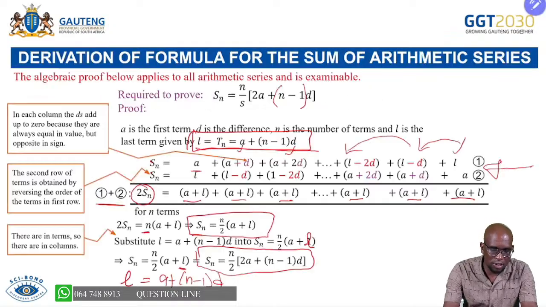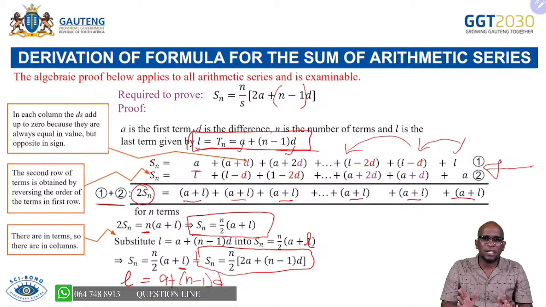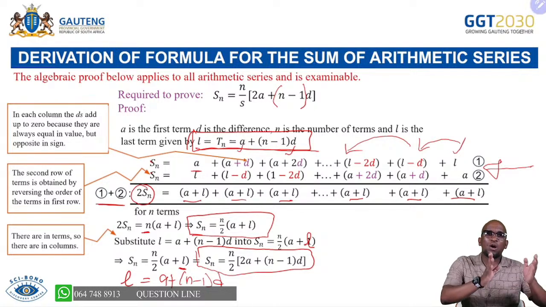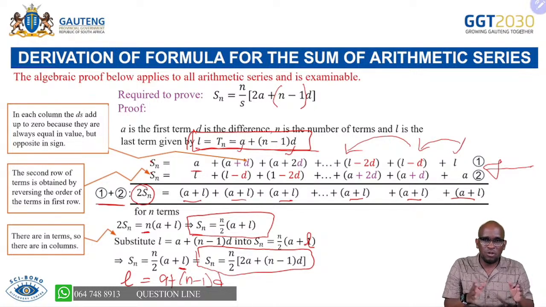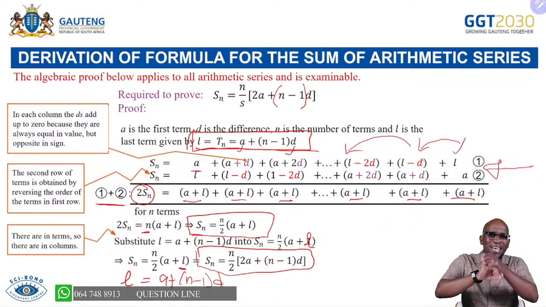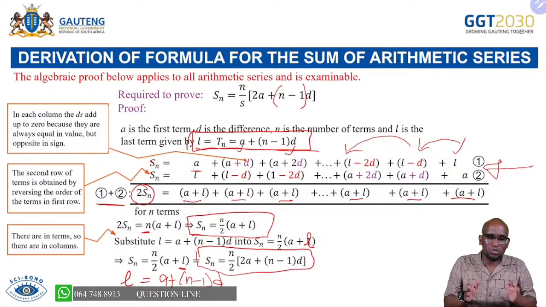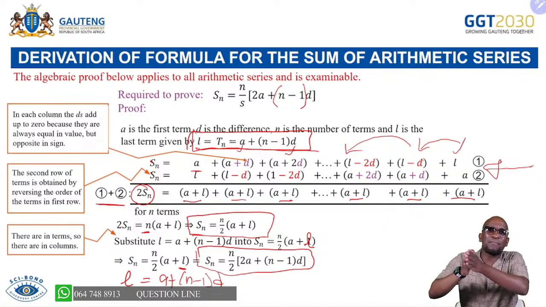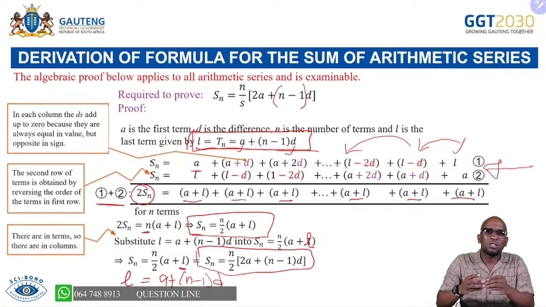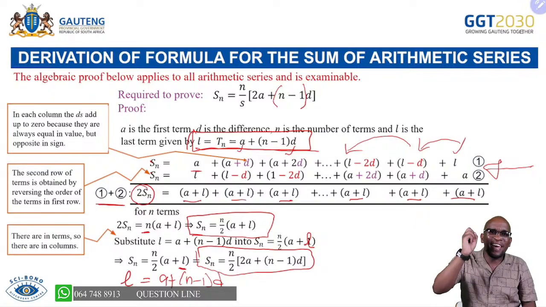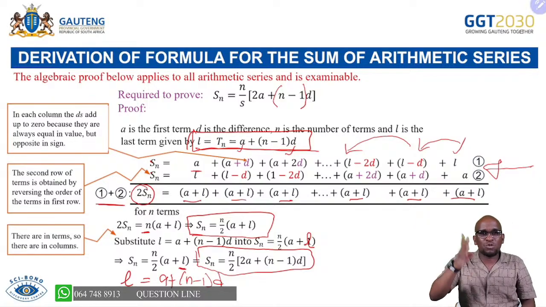Right, basically, let me just go back again and quickly explain the concept here. You are going to be taking the values of the arithmetic sequence where the first term is a and the constant difference is d, and then the term in the nth position is going to be a plus n minus 1 d.